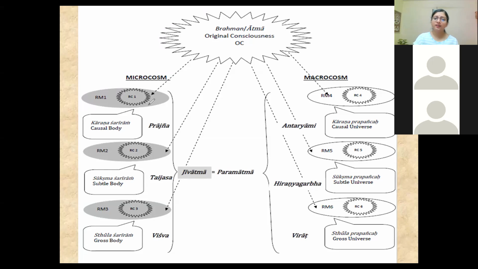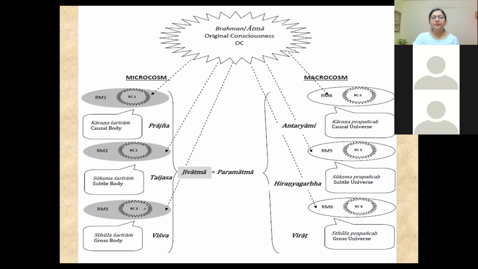These 3 put together are called Jivatma. So in equation form, Jivatma is equal to RC1 plus RC2 plus RC3.